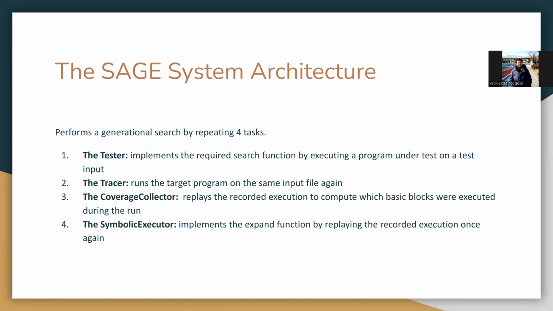The coverage collector replays the recorded execution to compute which basic blocks are executed during the run. And the fourth task, the symbolic executor, implements the expand function by replaying the recorded execution once again. These 4 tasks are run again and again in this order.